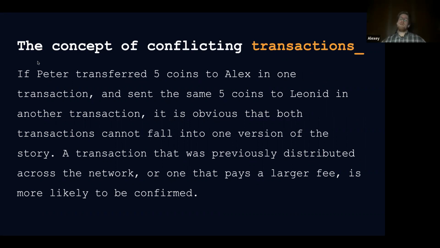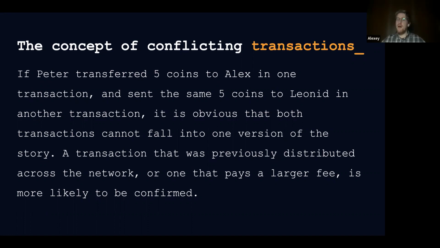Now, what happens when we have conflicting transactions? Let's say we have a situation when Peter transferred 5 coins to Alex, who is not me, in one transaction, and sent the same 5 coins to Leonid in another transaction. So here we have a situation of double spending.